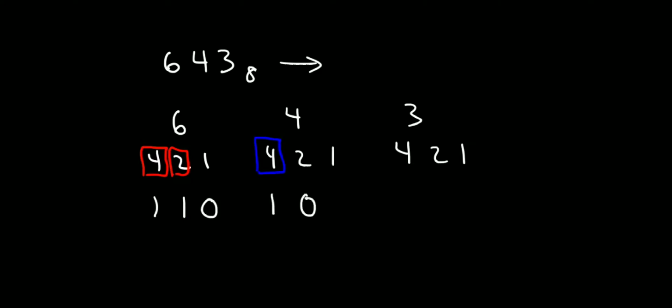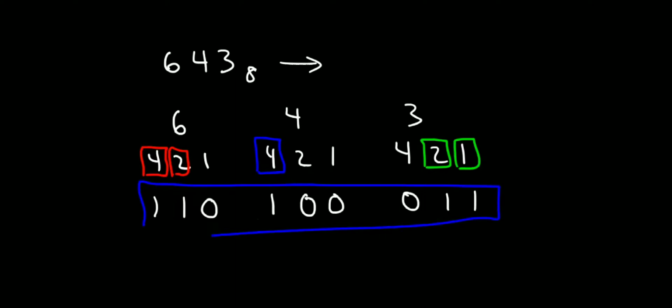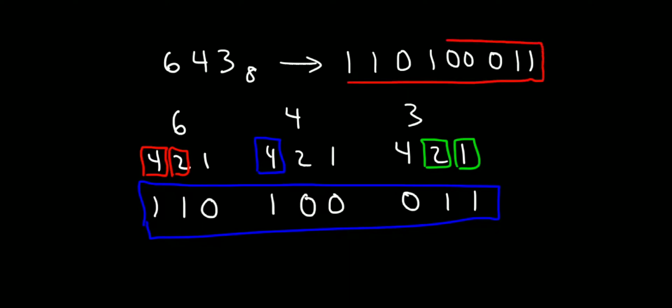And how will you get 3? 0 1 1, you will write. Then simply write this sequence properly as it is, and this will be the equivalent binary number: 1 1 0 1 0 0 0 1 1. This is the binary equivalent of this question. This is the answer. I hope this is clear to you.